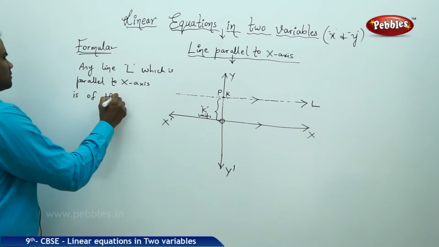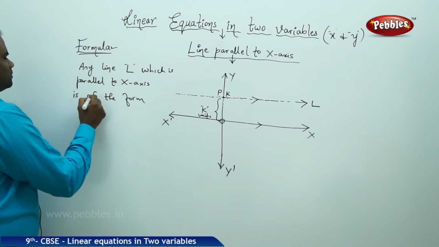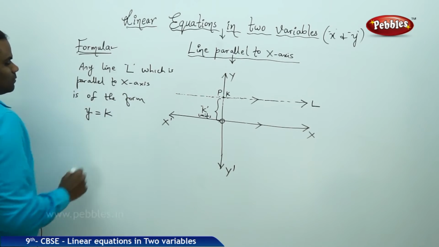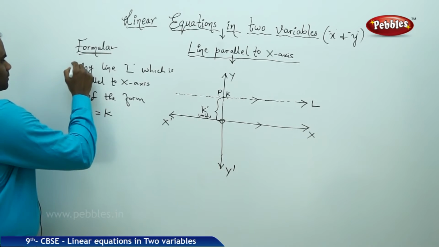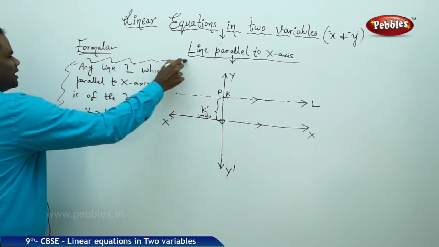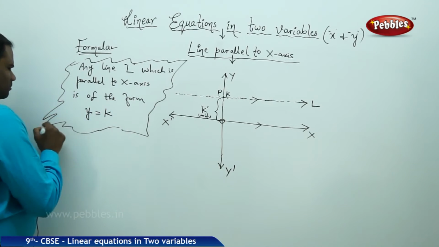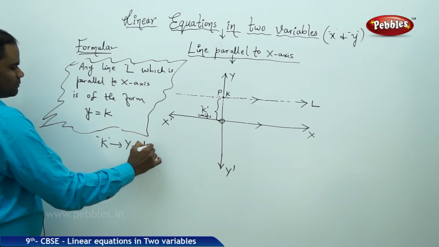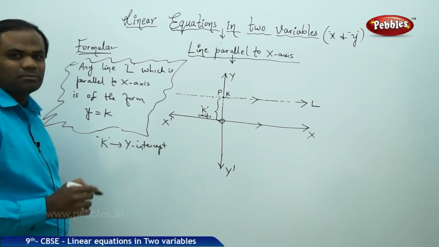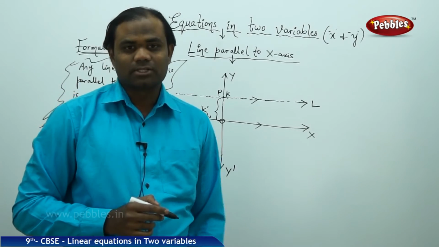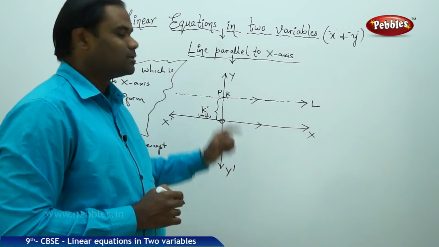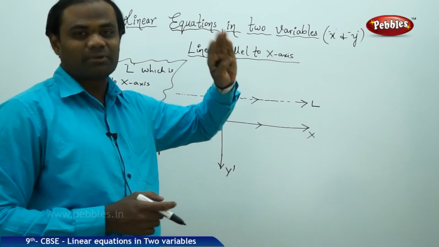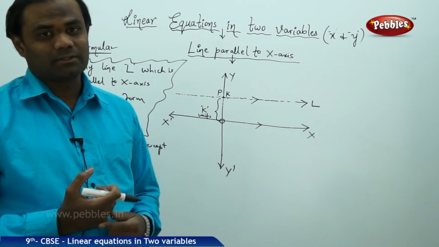is of the form y = k, is how I understand the formula, where k is the y-intercept, or k is the distance from the origin to the line L, or the distance between the line L and the x-axis.